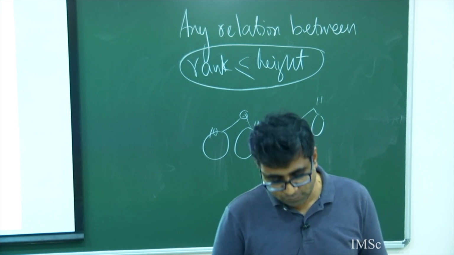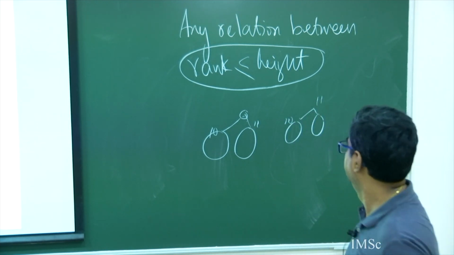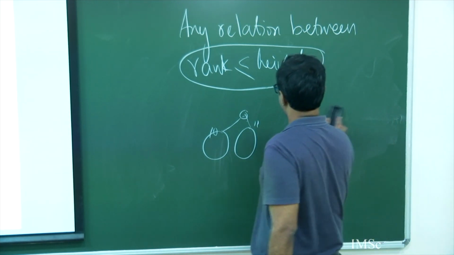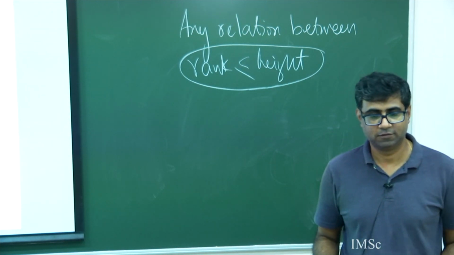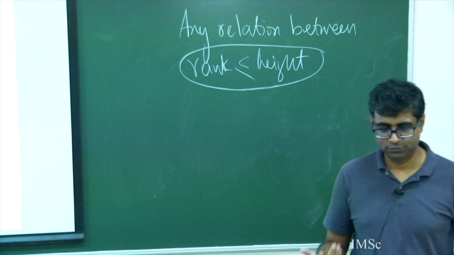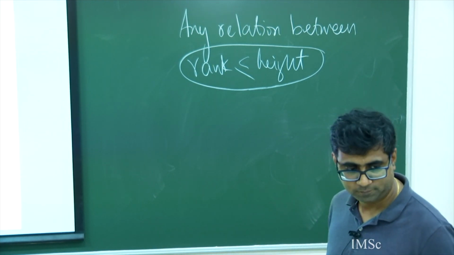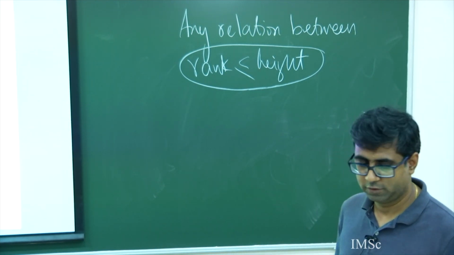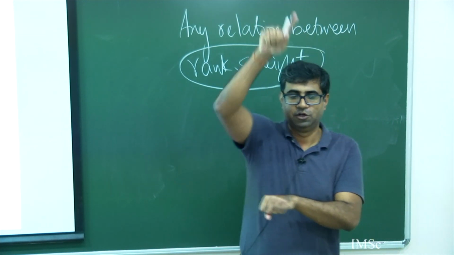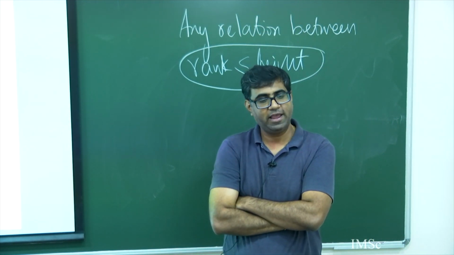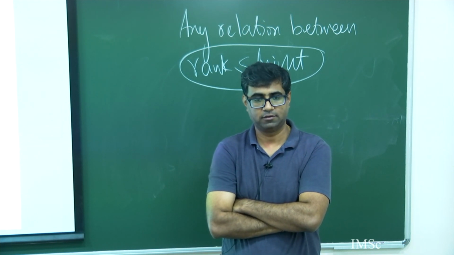So rank is less than or equal to height. And if I can also show you that for any x, on the path to its root, all the elements it encounters have distinct ranks.